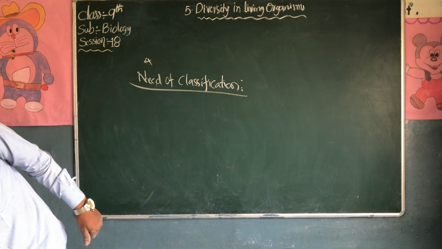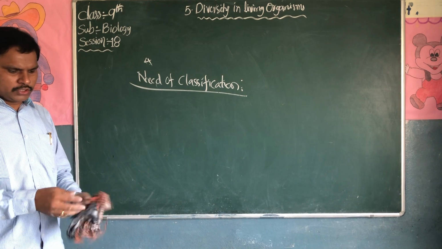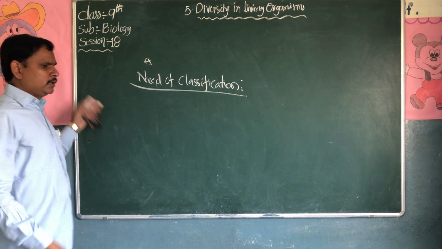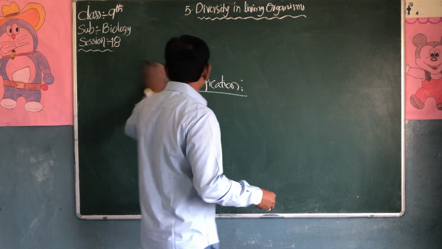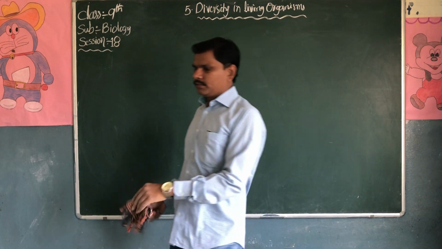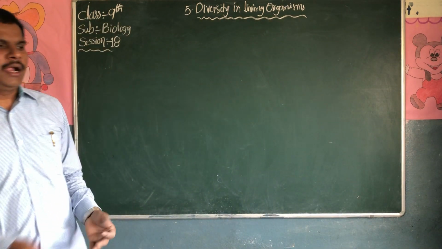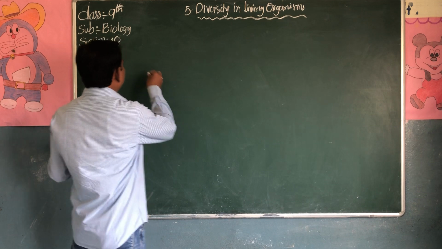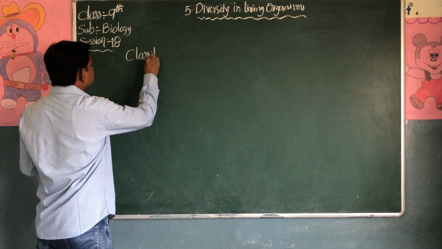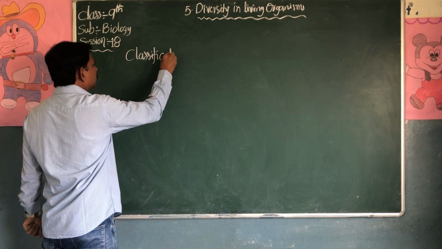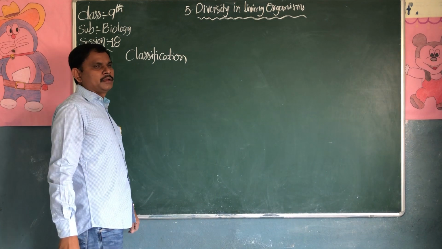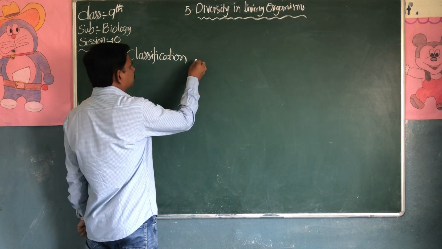Next, classification and evolution. The most important one is classification done by biologists till date. How the scientists divided, how they classified the animals.